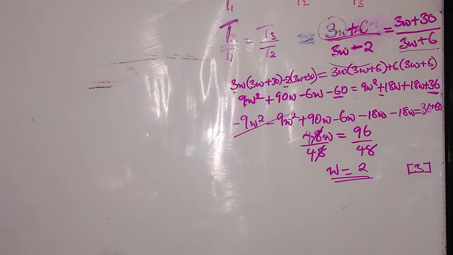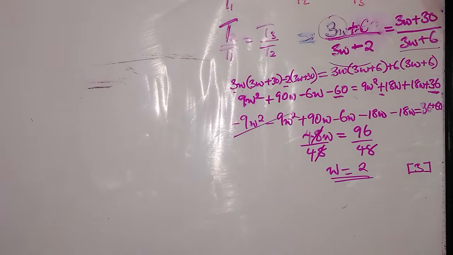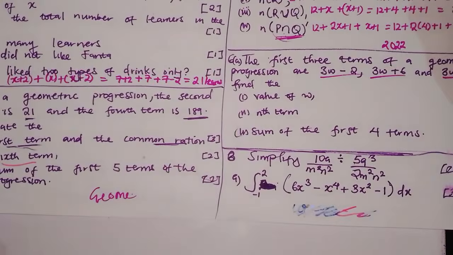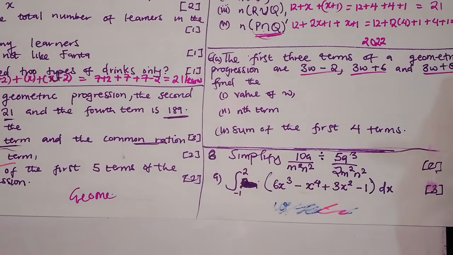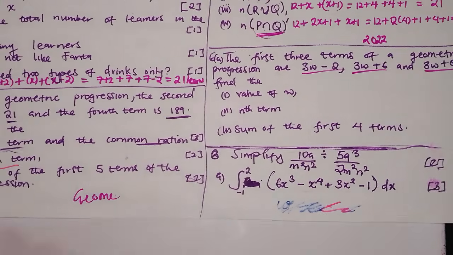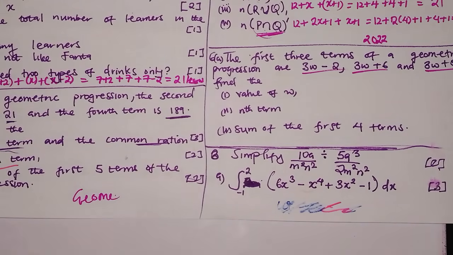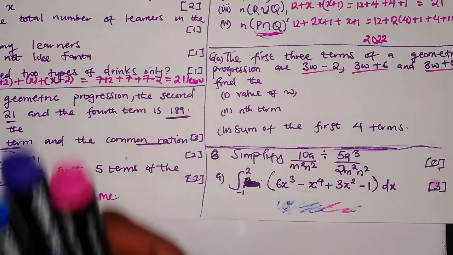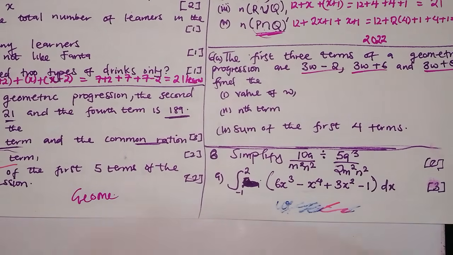So what is the concept you need to understand here for both questions? These questions are quite similar. They are requiring us to calculate the common ratio and the first term. Whenever you are calculating the first term and the common ratio, the first thing is to make an equation.